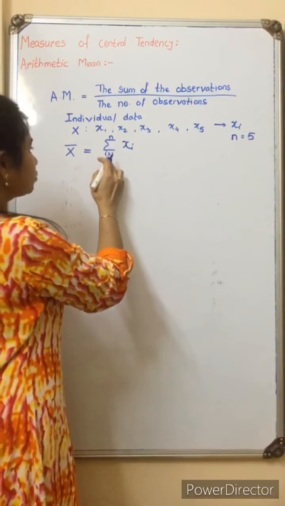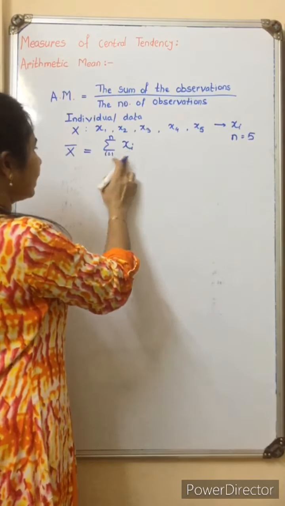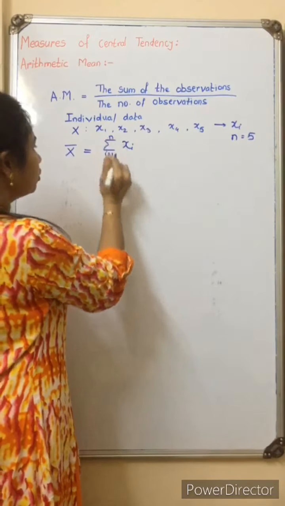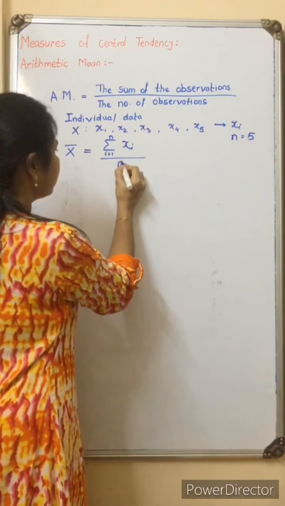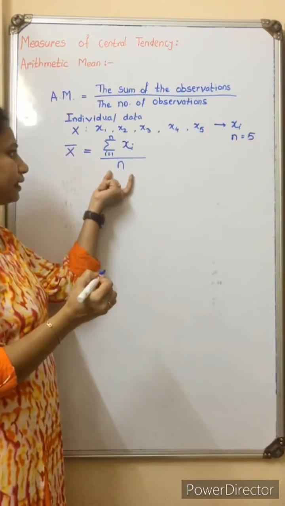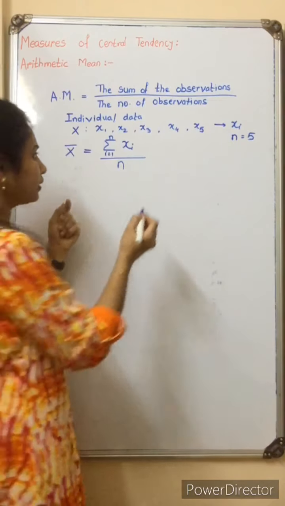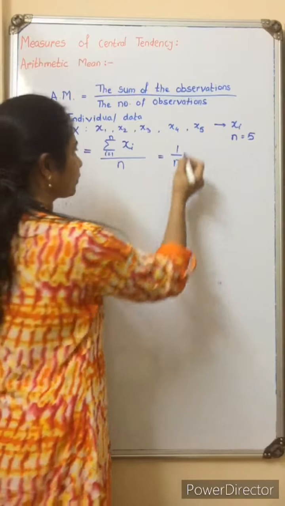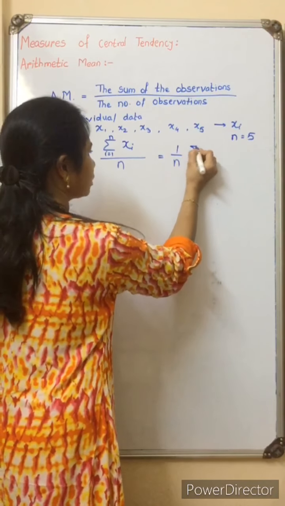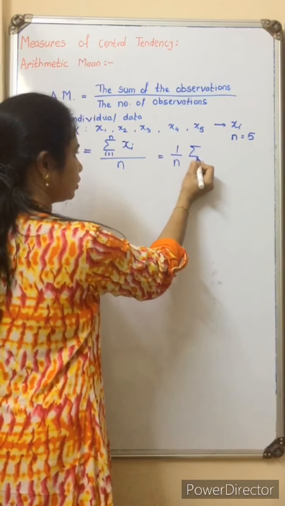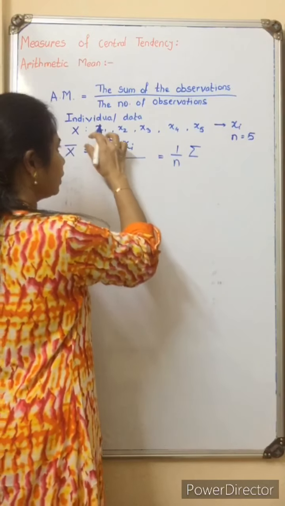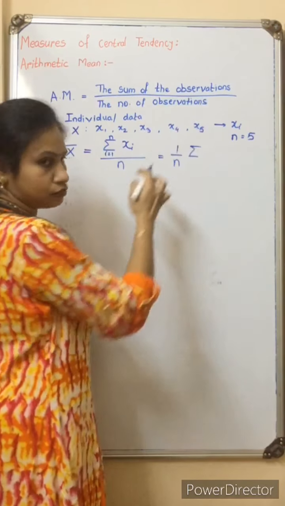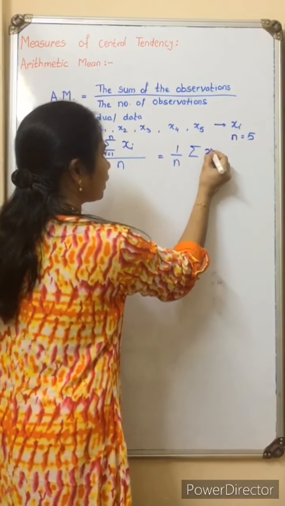So summation xi, I from 1 to n, divided by the number of observations, that is n. We can write this as 1 upon n separately, and the summation sign means we add the values. Which values?